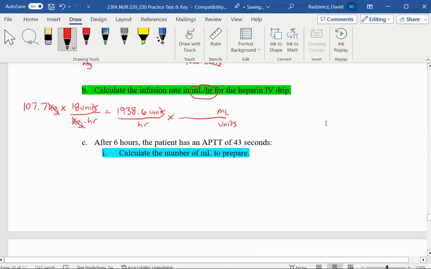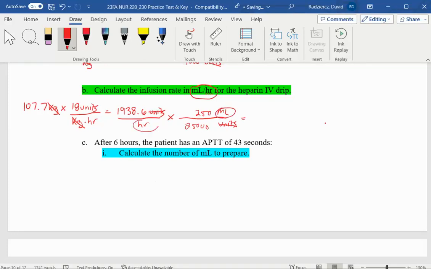So that's what I'm going to put here. 25,000 units, 250 ml. Units cancel. I'm left with milliliters per hour, so I know I've set it up correctly. And then when I do my calculation, after I round, I'm going to get 19.4 milliliters per hour.